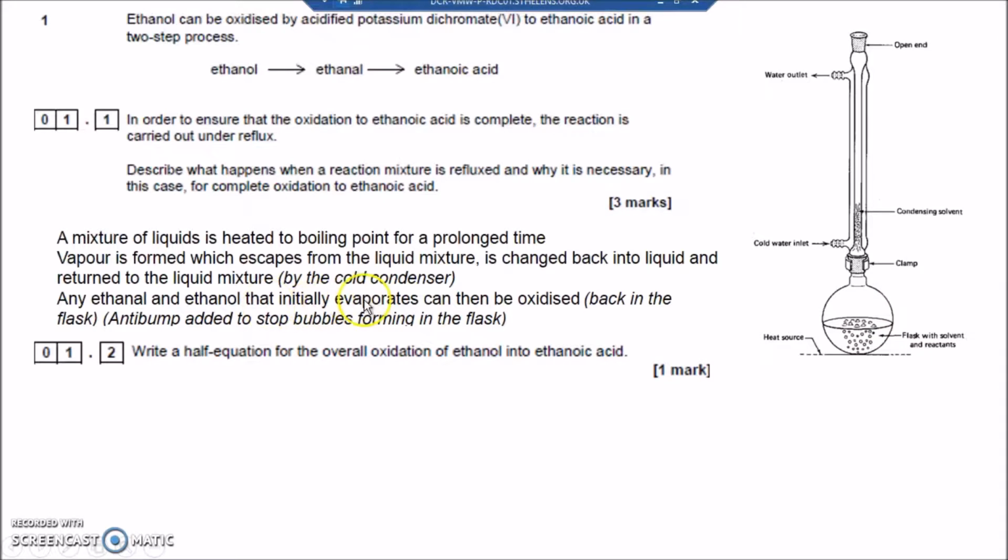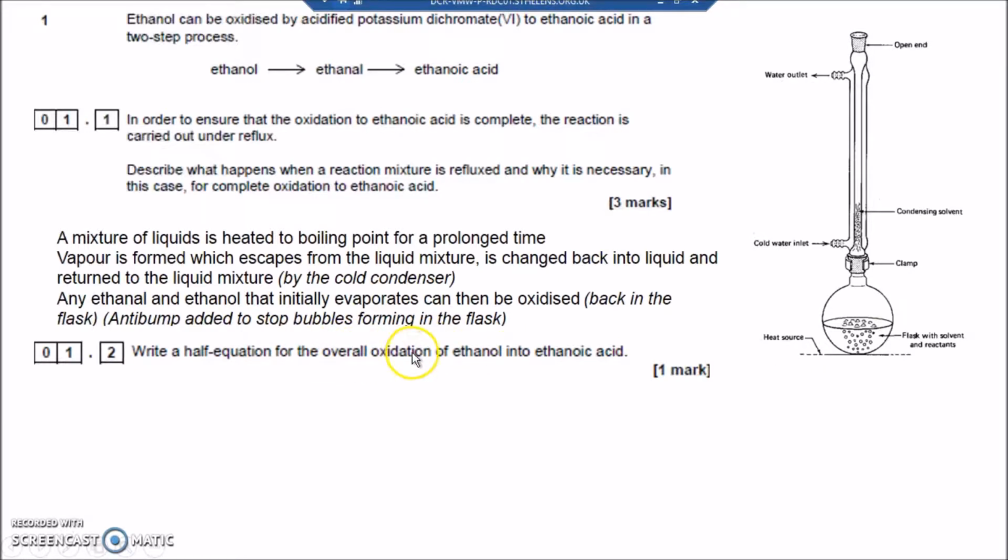Any ethanol and ethanal that initially evaporates are then returned back to the flask and can continue to be oxidized to ensure that there's complete production of ethanoic acid, so that the oxidation completes through to the ethanoic acid stage. You can also add anti-bumping granules into the flask as well to prevent large bubbles from forming.